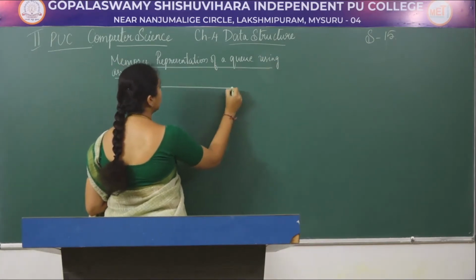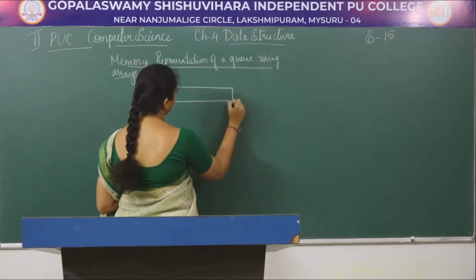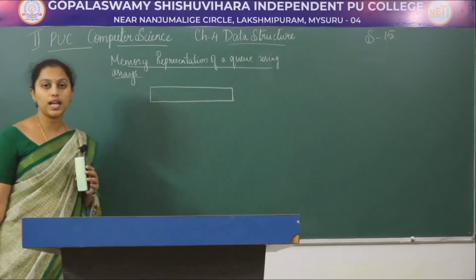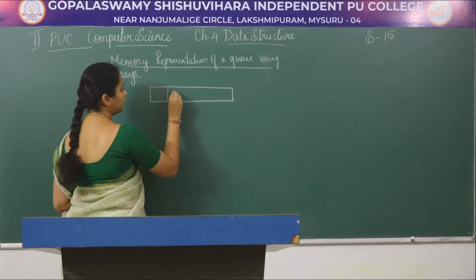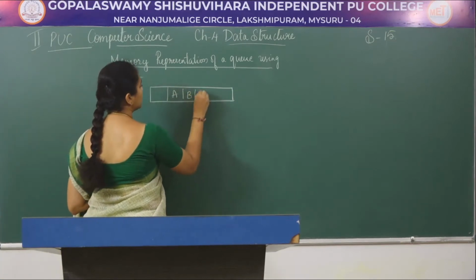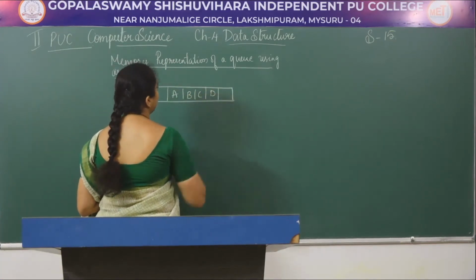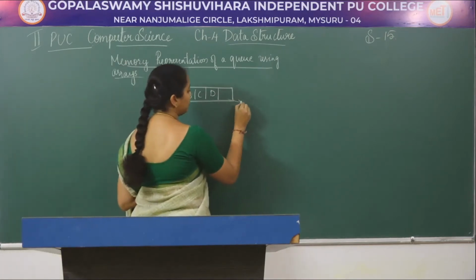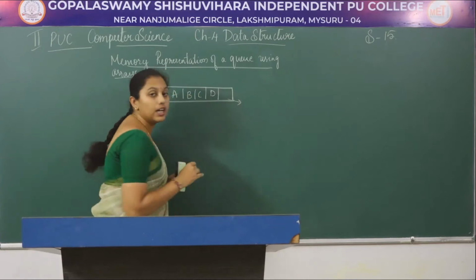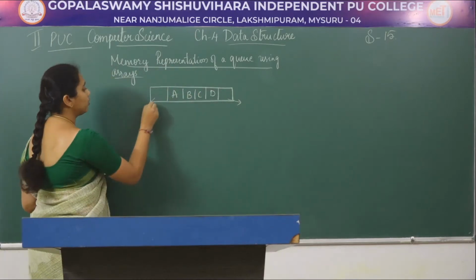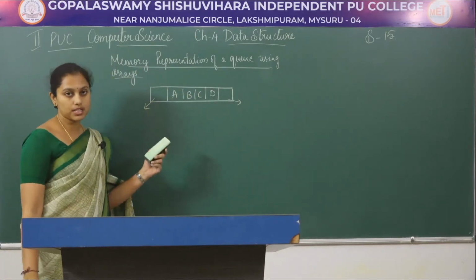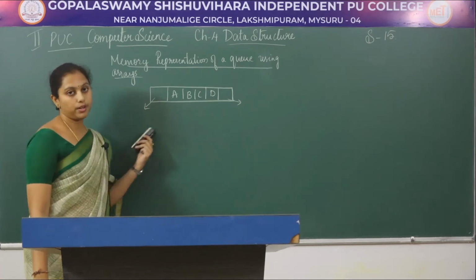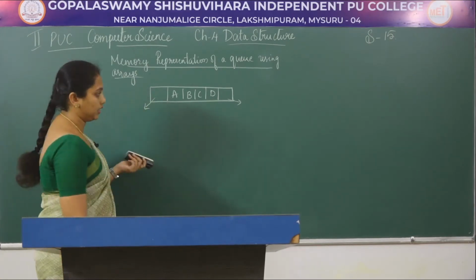So a queue is a linear array. We are going to represent a queue in memory as a linear array where insertion of an item takes place at the end point of the queue called the rear, and deletion of an item takes place at the front point of the queue called the front.